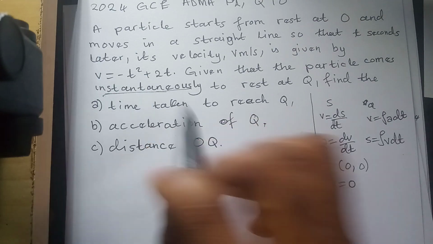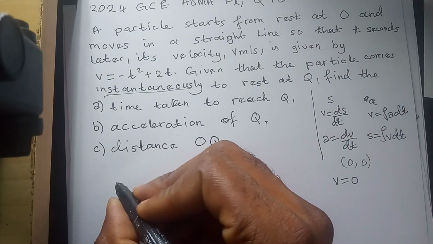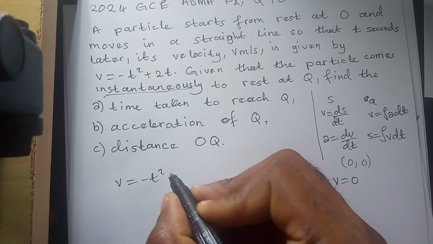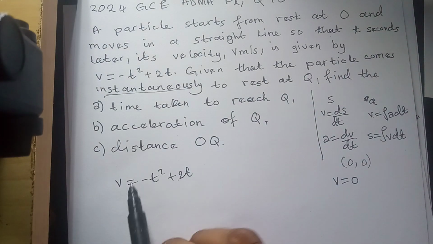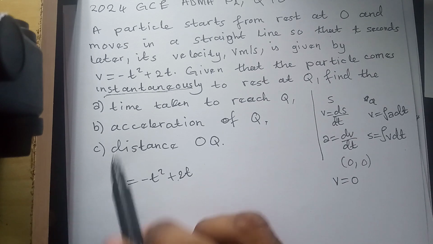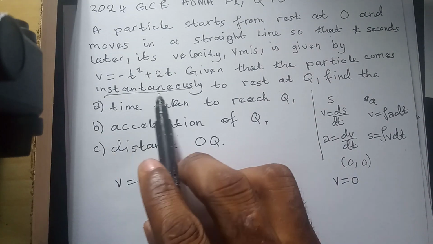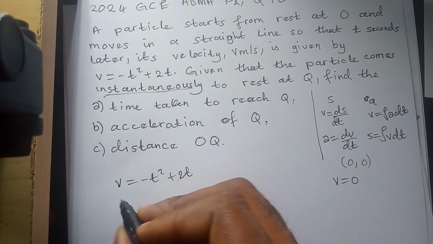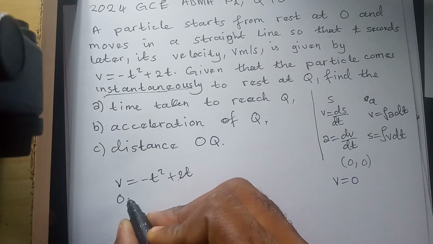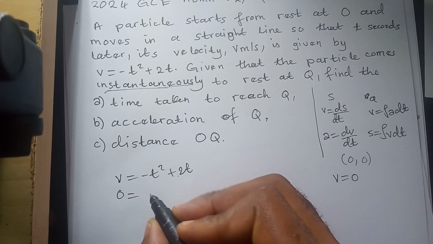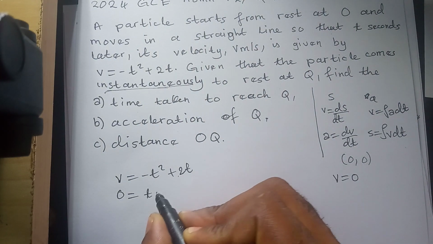So you use this equation, v is equal to negative t squared plus 2t. And since the velocity is 0 at instantaneous rest, you can put a 0 there and solve for t. We can use factorization, I think it's the easiest.